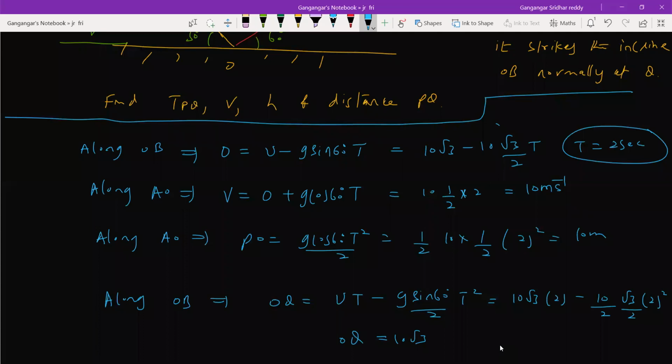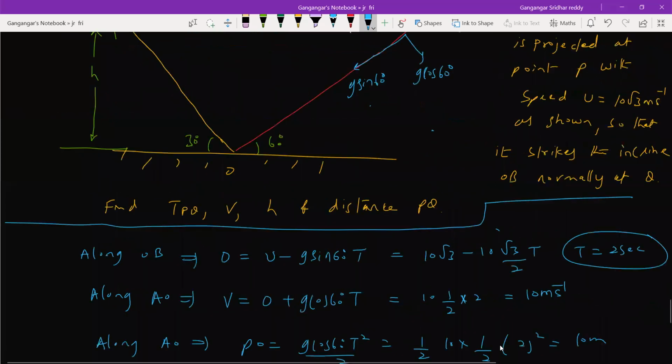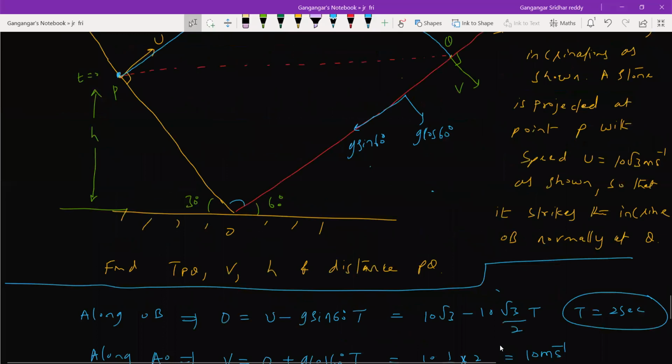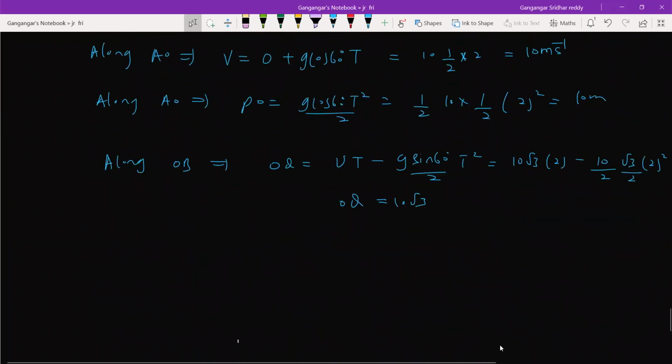Can you bring the PQ? The total setup, a right angle triangle will appear, no? Can you calculate PQ? Yes. So just taking help of the triangle, I'll draw that triangle here in the end.